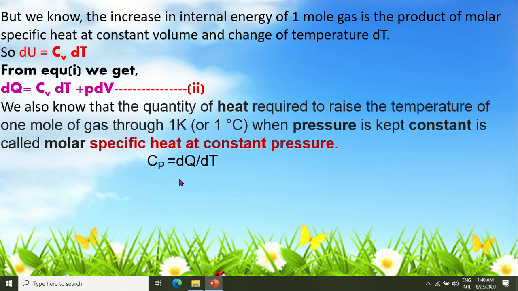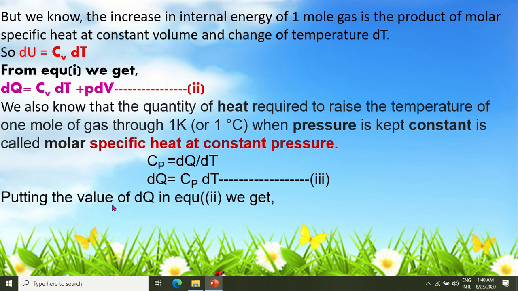So dq equal to Cp dT, equation 3. Now put the value of equation 3 in equation 2. By putting the value of dq in equation 2, we get Cp dT equal to Cv dT plus P dV. It is equation 4.